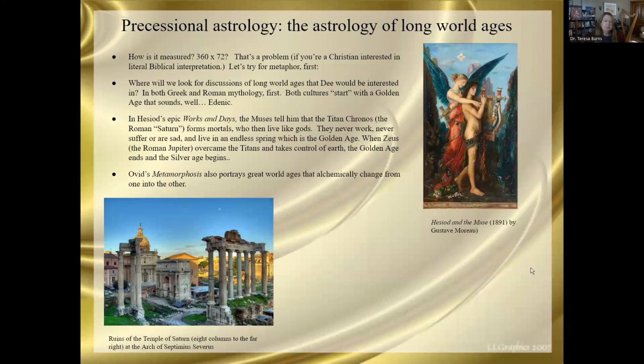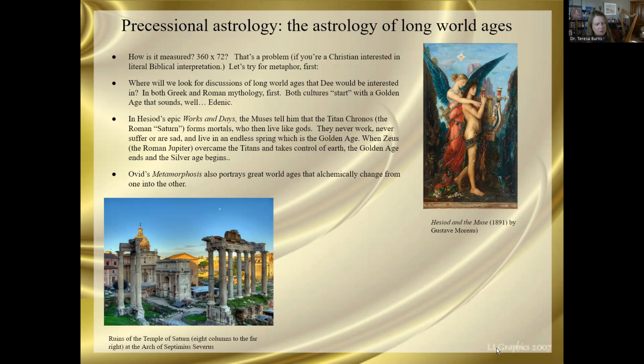You have a very famous work in Latin, a Roman work, Ovid's Metamorphoses, that also portrays great world ages that alchemically change from one to another, from gold to silver to bronze to iron. This down here is just eye candy.